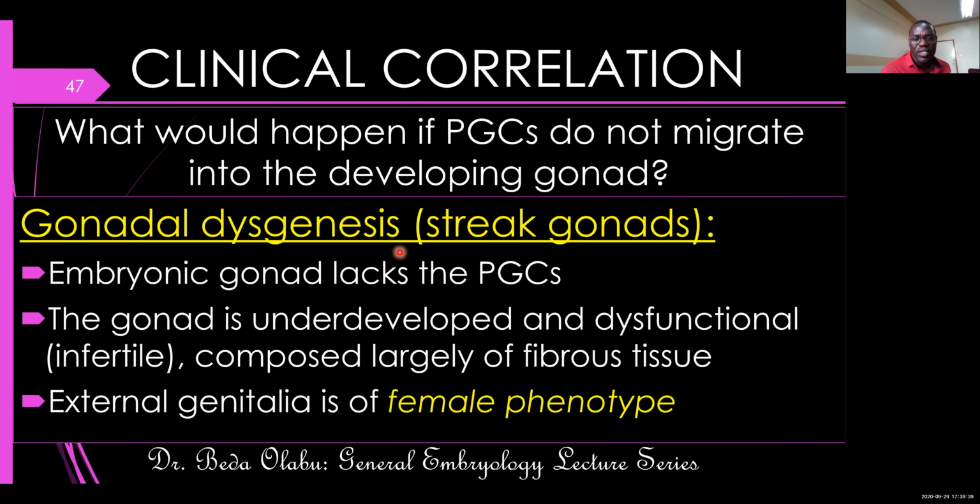What determines the formation of either is actually the availability of the Y chromosome. If the Y chromosome is present, then the gonad that will form is the testis. If the Y chromosome is absent, which means XX, then the gonad that will form is the ovary.